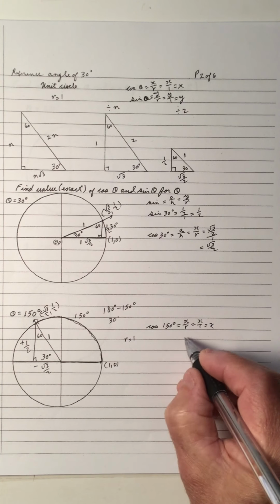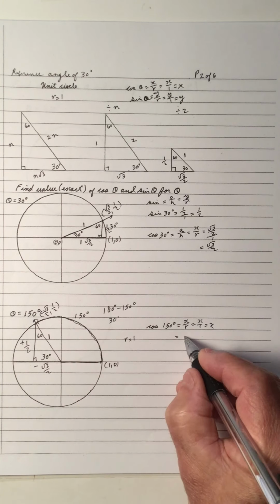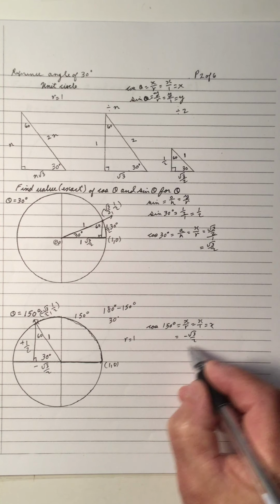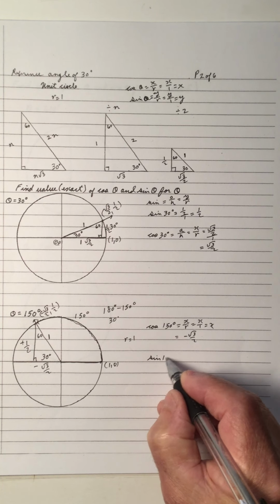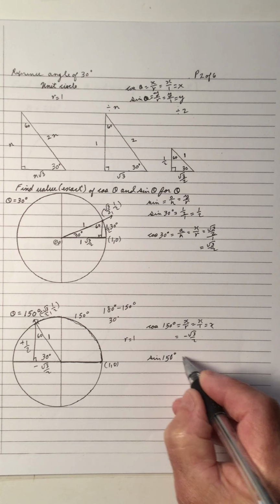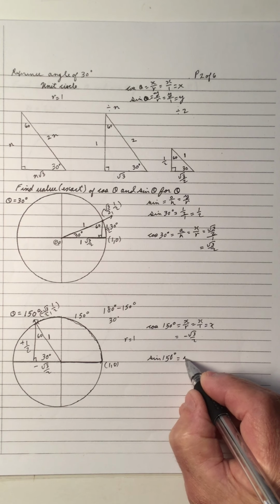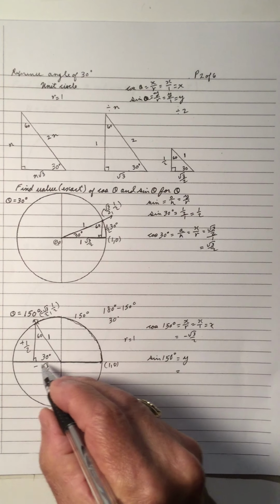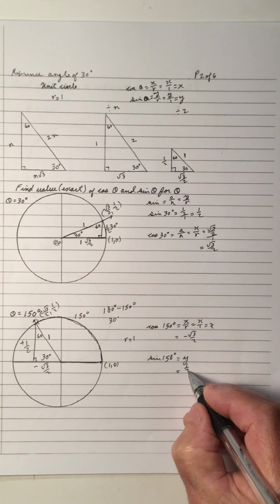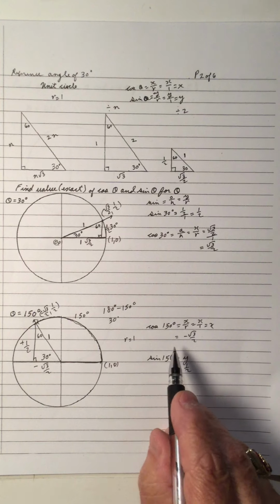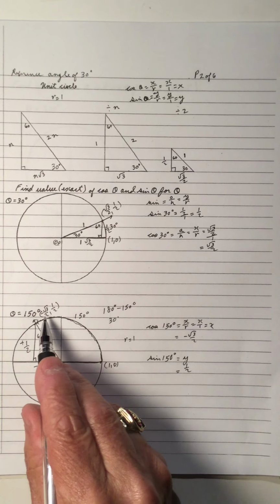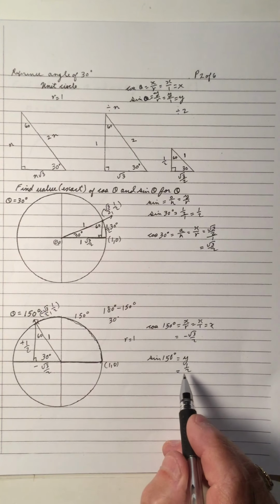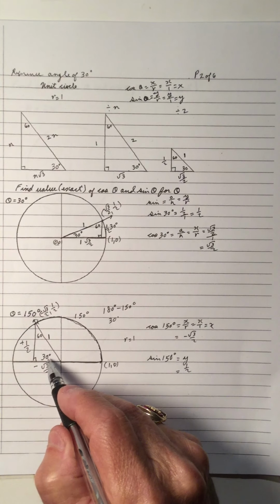So cos is the x, so the x is negative root 3 over 2. And the sine of 150 is the y over r, y over 1, or y. And the y value is a half. So again, the cos is the x on the unit circle, which is negative root 3 over 2. Sine is the y, which is a half.